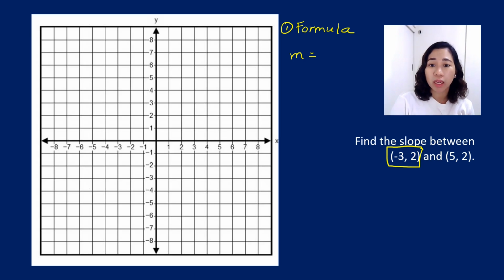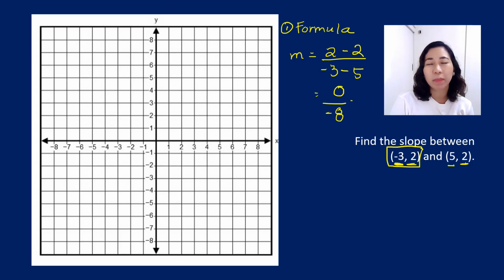Difference in y-coordinates, so 2 minus the y-coordinate of the other point, which is also 2, and then over the difference in x-coordinates, -3 minus 5. So that is 0 over -8. But actually, whatever that is, 0 divided by any number, the answer is always equal to 0.